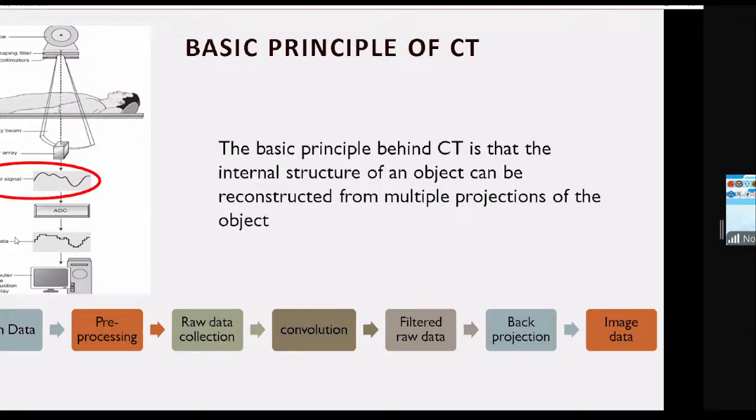These signals are sent to a computer to process them. For image formation, it starts with pre-processing and raw data collection, then convolution and filtering to help enhance important details, followed by back projection, which reconstructs the image slice by slice.